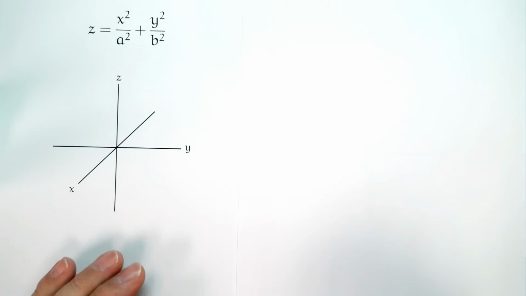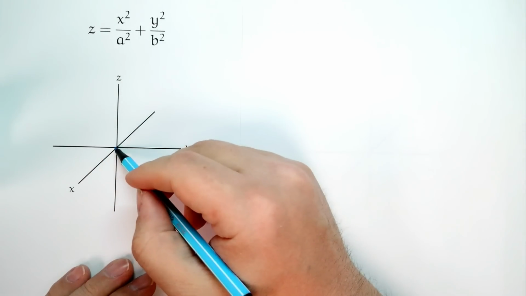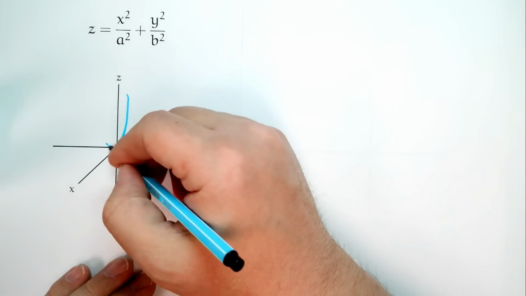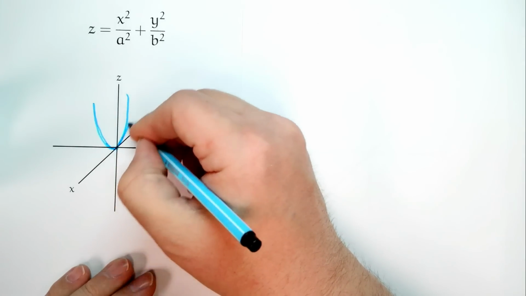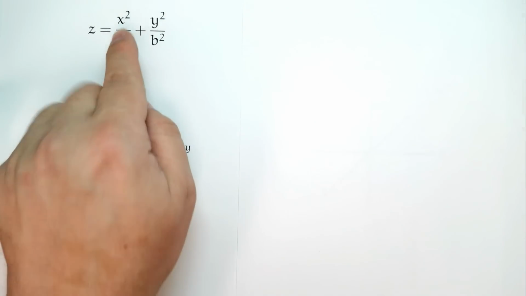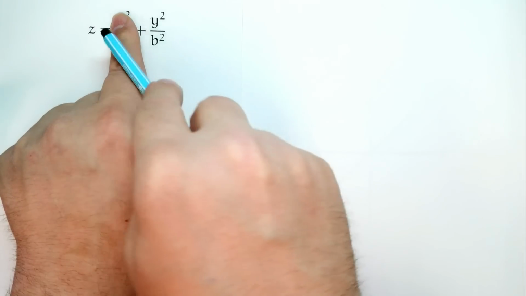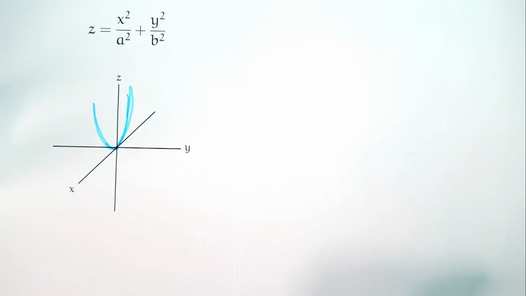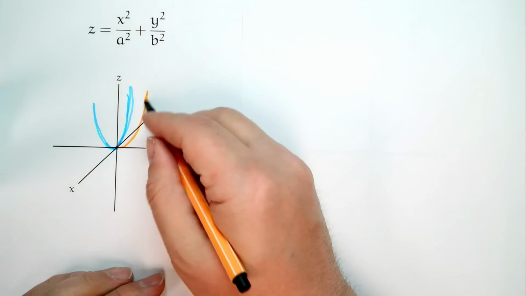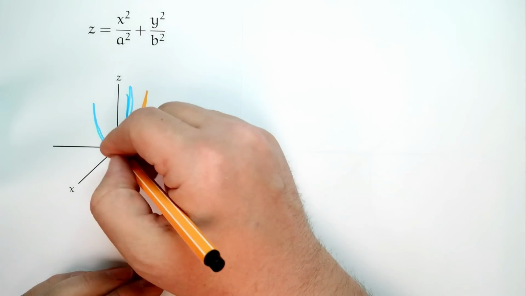So it's a parabola and it's positive, so I'm opening up. So I'm a parabola opening up in the xz plane. But if I cover up the x, z equals y squared over b squared, which means I'm a parabola, but I'm in the yz plane, and so I'm opening this way.